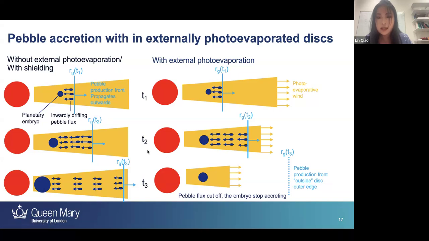However, if the disk is initially shielded by the star-forming cloud for some time from high-level UV radiation first, it can then preserve the pebble mass reservoir by delaying this rapid disk truncation.